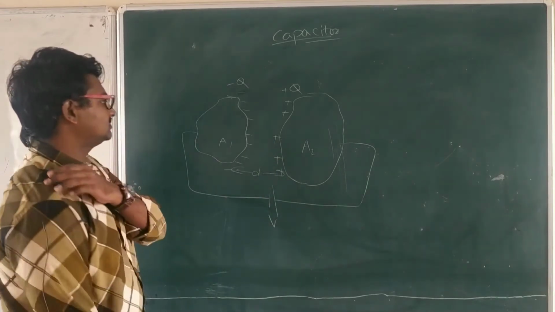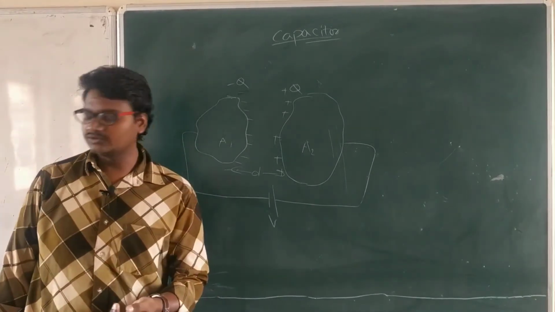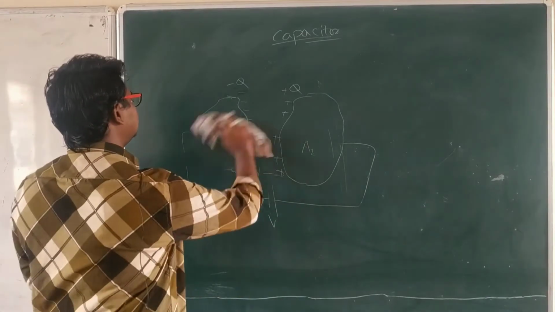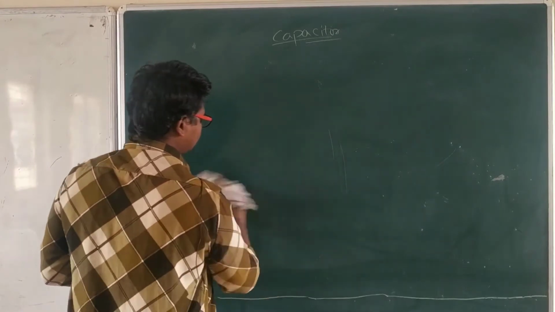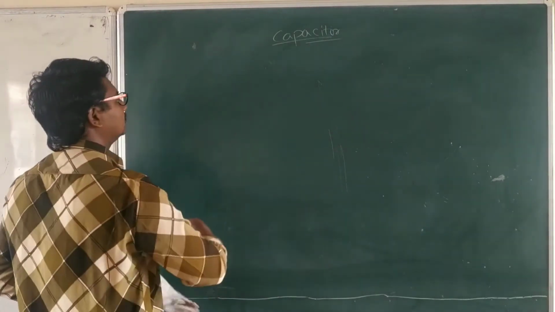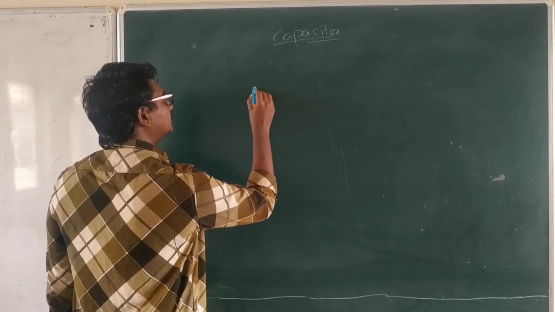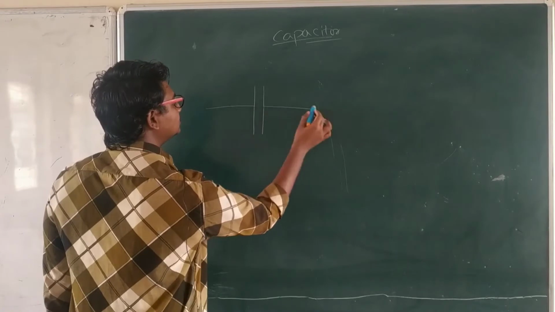Okay, the conductors can be of any shape. These two are like plate-like structures. We have to consider it like that. Okay, right. Now let's take a capacitor like this.